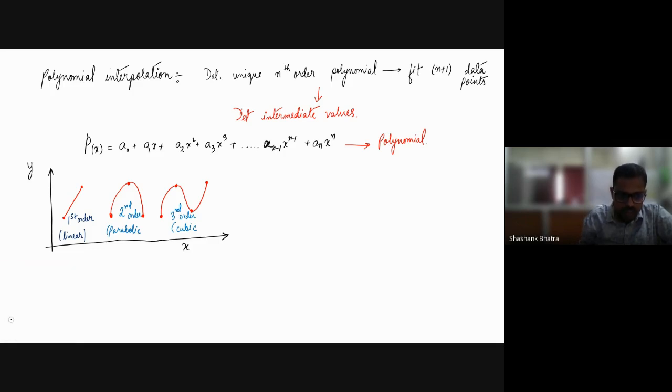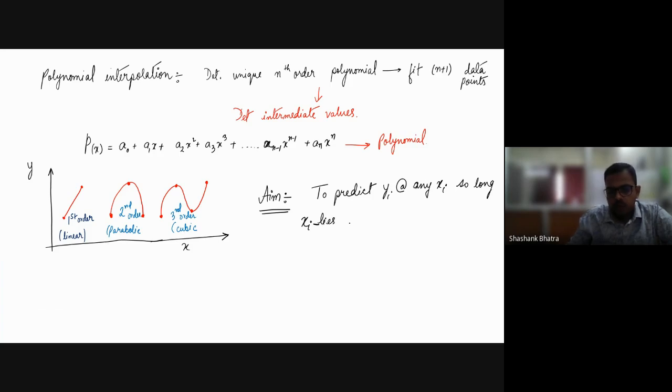Again, I am mentioning the aim. Our aim for this particular learning is to predict yi at any xi, so long as your xi lies within the domain.